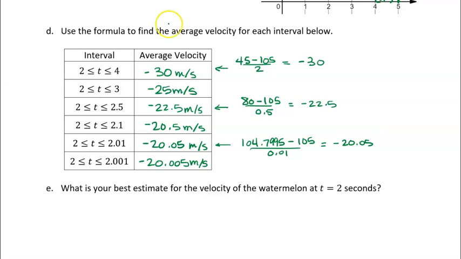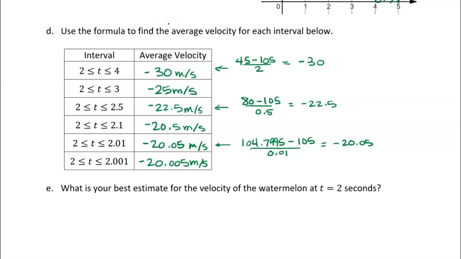Essentially what I did is I just plugged the left and right time values into the function. The left-hand side is always 2, so my f of 2 is always 105.